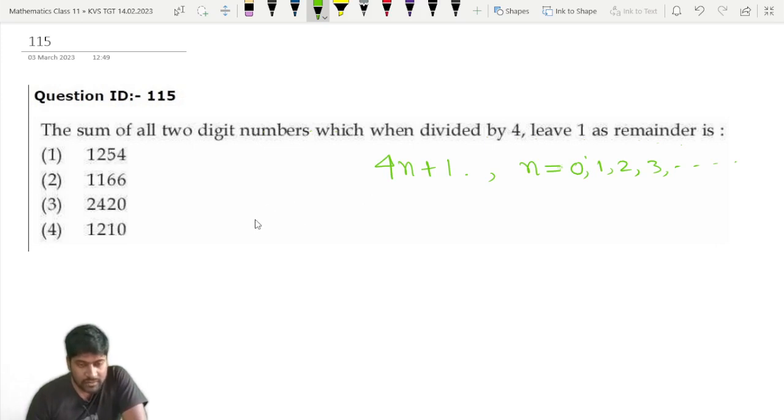So the numbers will be like, if n is equal to 0, then it will become 1. Okay, the first term is 1, then the next term will be 5.